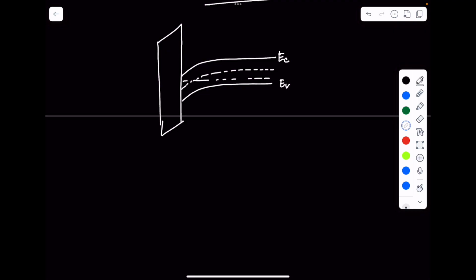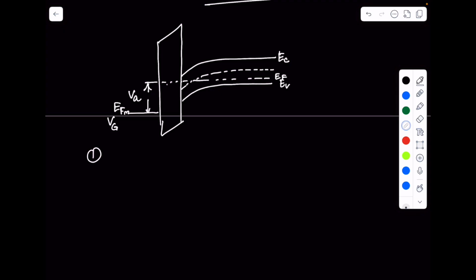This is your EF in the semiconductor, and this is going to be your VG. The delta between EF and EFM is essentially the applied voltage that you've applied to get the MOS cap into inversion.